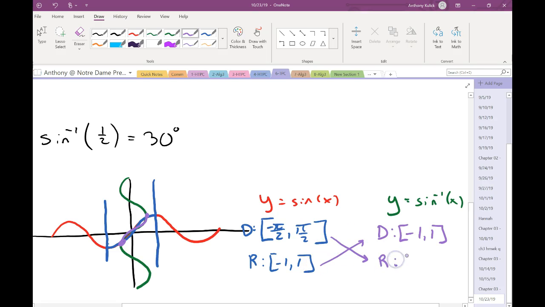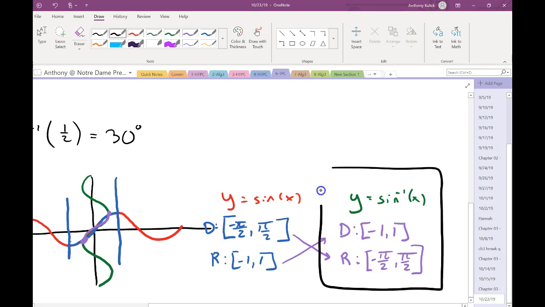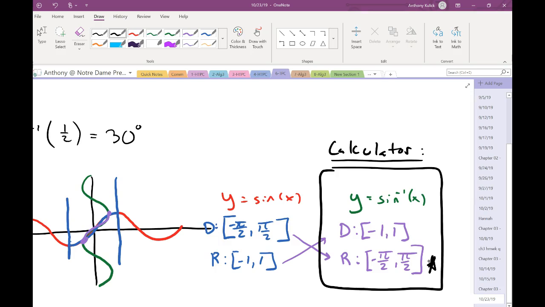And the domain for sine is going to be the range for sine inverse. And this is how your calculator is programmed. So your calculator is only going to give you values of sine inverse from negative pi over 2 to positive pi over 2.